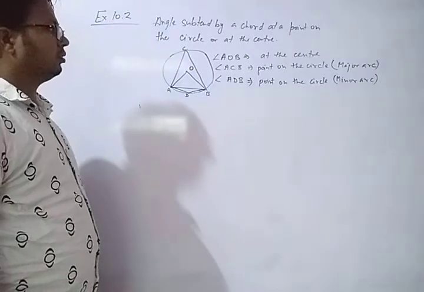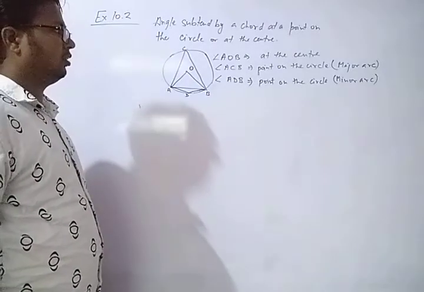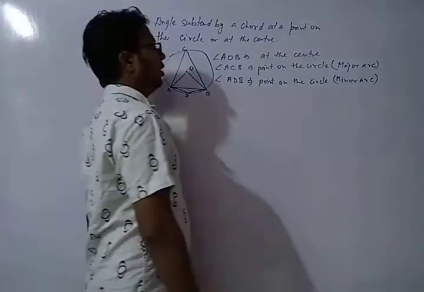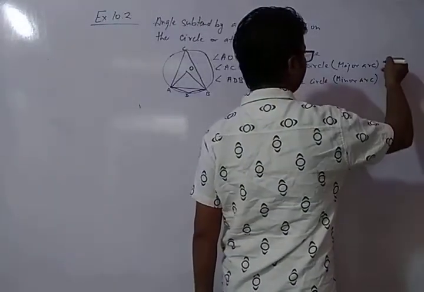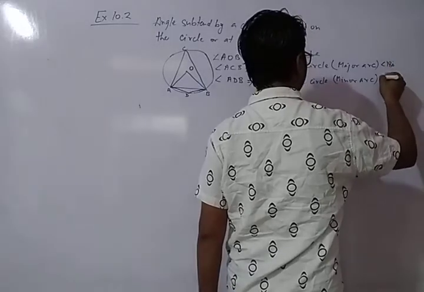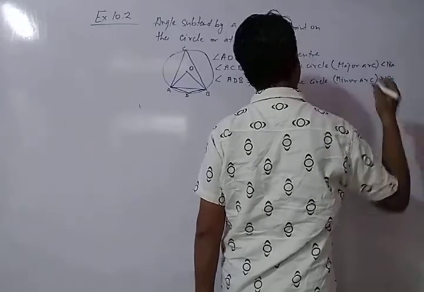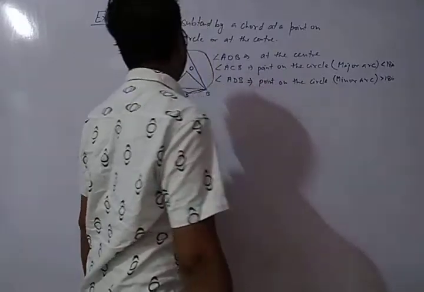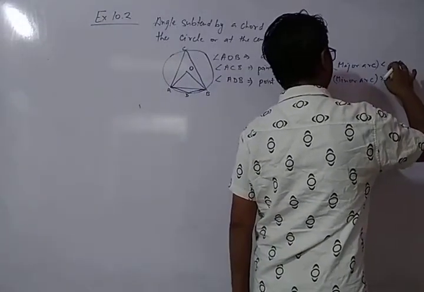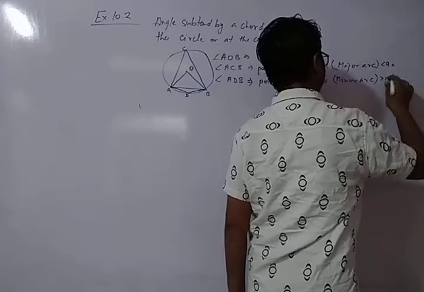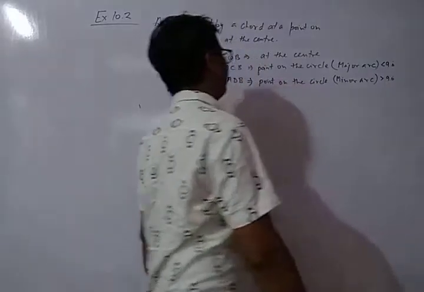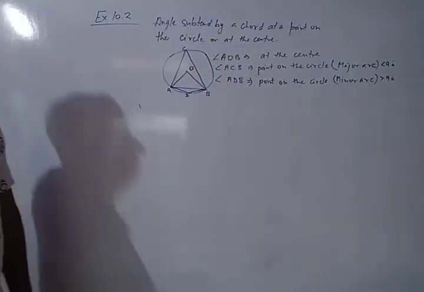At the minor arc. Understand that in major arc it is less than 90 degree and in minor arc it is more than 90 degree. Clear about it?